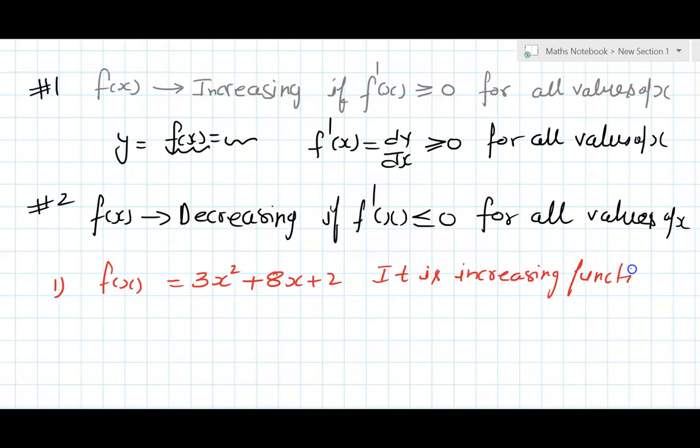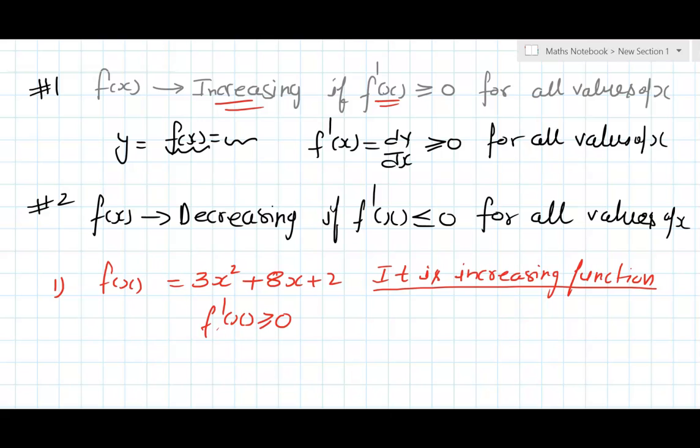So what does it mean, guys? No idea? Okay, it means the differentiation will be greater than or equal to 0, because for increasing, the differentiation will be greater than or equal to 0.